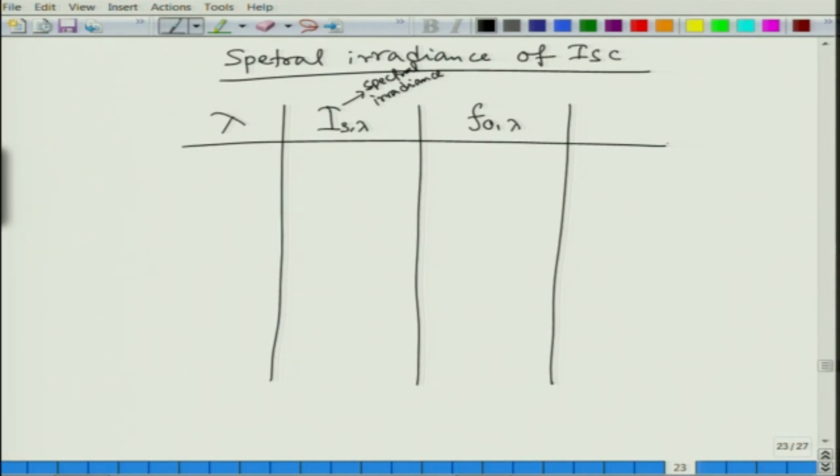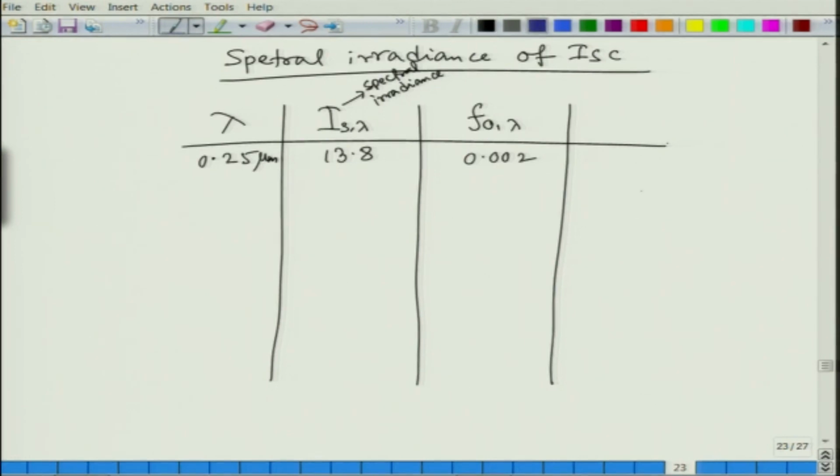Okay. So, basically if you take few values, you can list lot of these values, but let us take few of them. So, if we take lambda to be 0.25 micrometer, then this I lambda will be 13.8, and this will be 0.002.